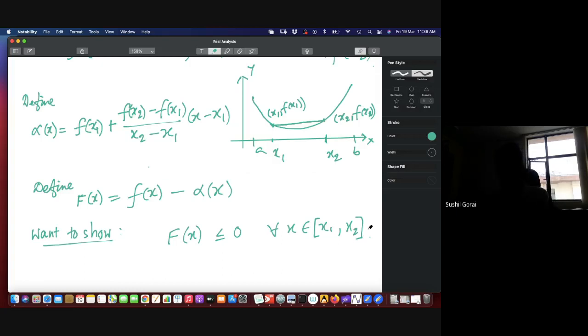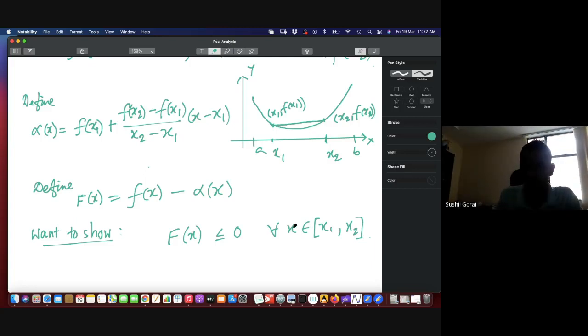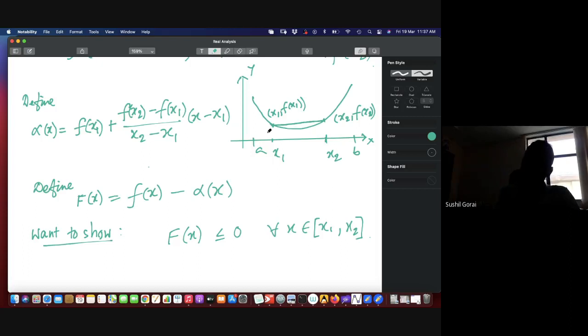Is this okay? So x is actually the point t x1 plus 1 minus t x2. And the equation of this line is just t f of x1 plus 1 minus t f of x2. If you parameterize it, if you write it another way, it is this.